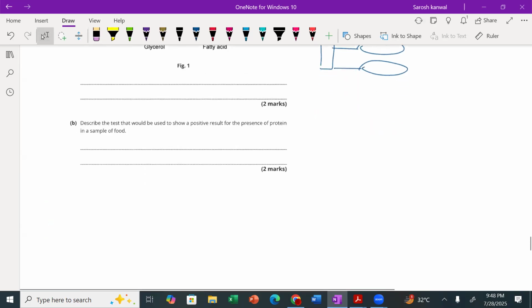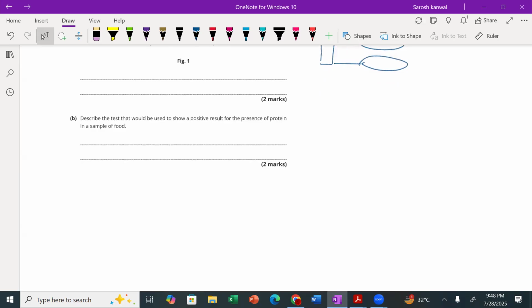Okay. Then describe the test that would be used to show a positive result for the presence of protein in a sample of food. Yes, Laiba, can you guess the test? Good. Yes, Mibsam, you are correct. Yes, Laiba, can you make a guess for this? Yes, ma'am. Okay. What it could be? Like add Biuret. Good.